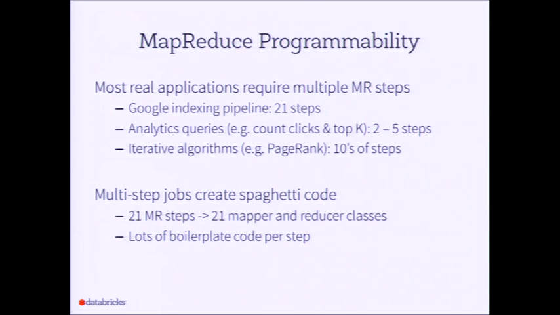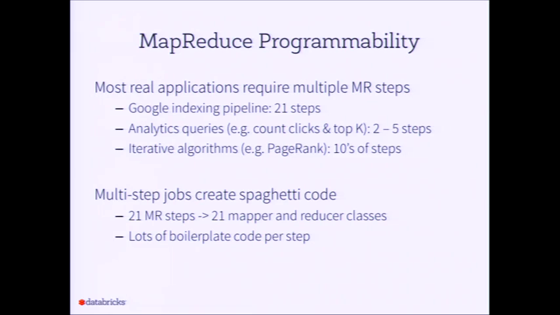But if you're using MapReduce directly, it's fairly frustrating to use for a couple of reasons. The most important reason is that any real job other than word count, which is the hello world of big data, typically requires more than one MapReduce. So usually we chain different MapReduces together.